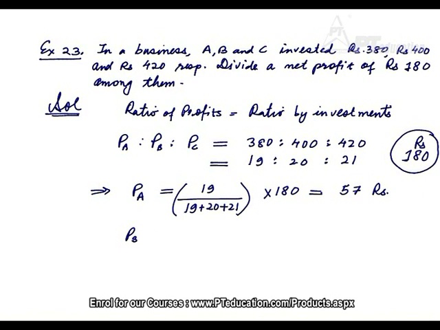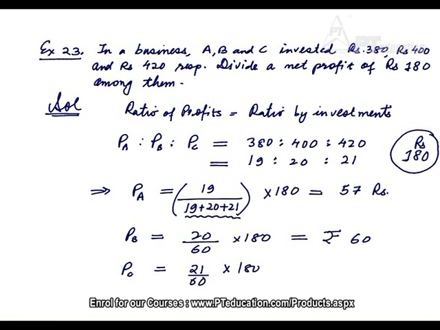Similarly, the profit of B will be 20 upon 60 into 180. 60 is the sum of 19 plus 20 plus 21. So 20 upon 60 into 180 will actually be rupees 60. And similarly, the profit of C will be 21 upon 60 into 180, which will be rupees 63.